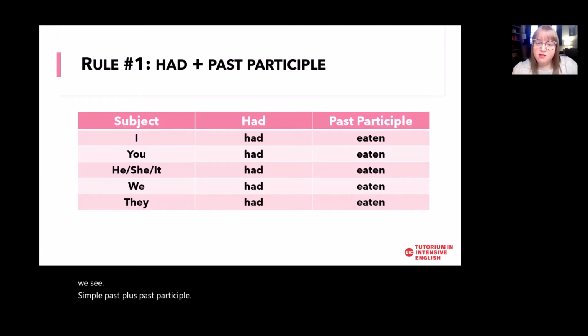So the rule for creating the past perfect is just that. We have our subject, I, you, he, she, it, we, they, plus had. Had is the same for all of those subjects. And then the past participle or third form. In this case, I use the verb eat, eaten. So I had eaten. That's our past perfect.